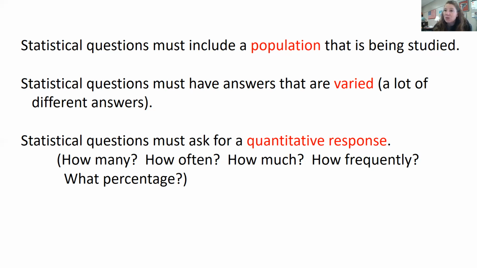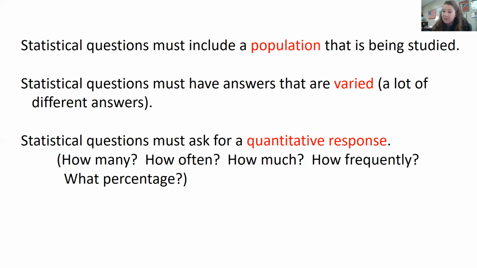If I asked you, what's your favorite pizza topping? Well, that's a different type of survey question than gathering statistical data, because for statistical data, your response needs to be a number, like, how many times a month does your family order pizza? That's a good question.